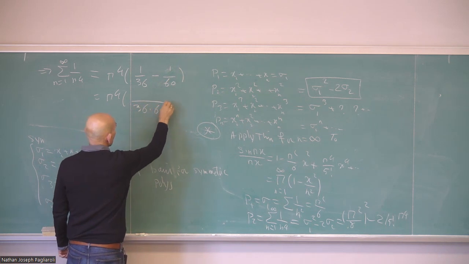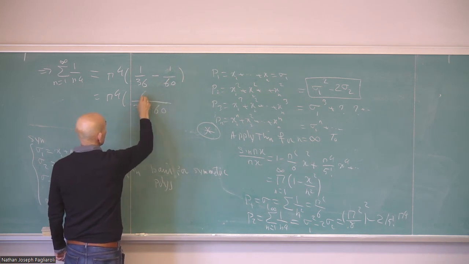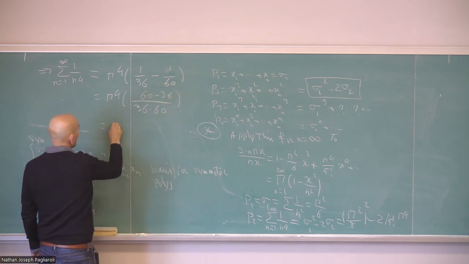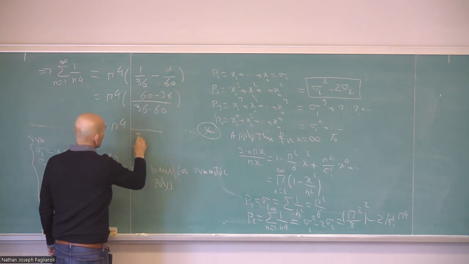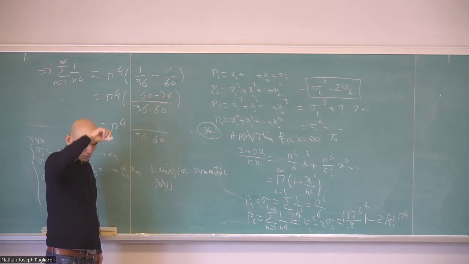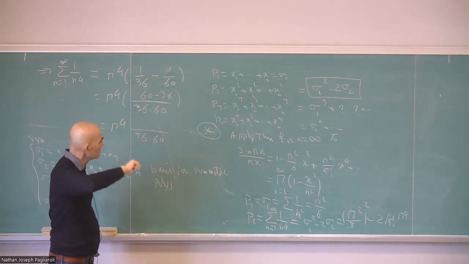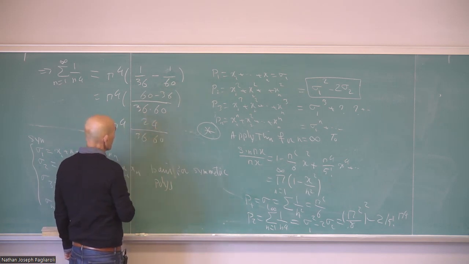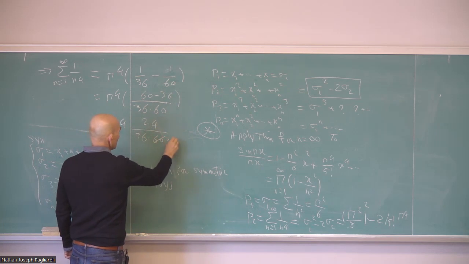36 times 60. And here I get 60 minus 36. 5, 4, 36, 60. What is that? Is it 24? Okay. 24. So then this becomes 10.